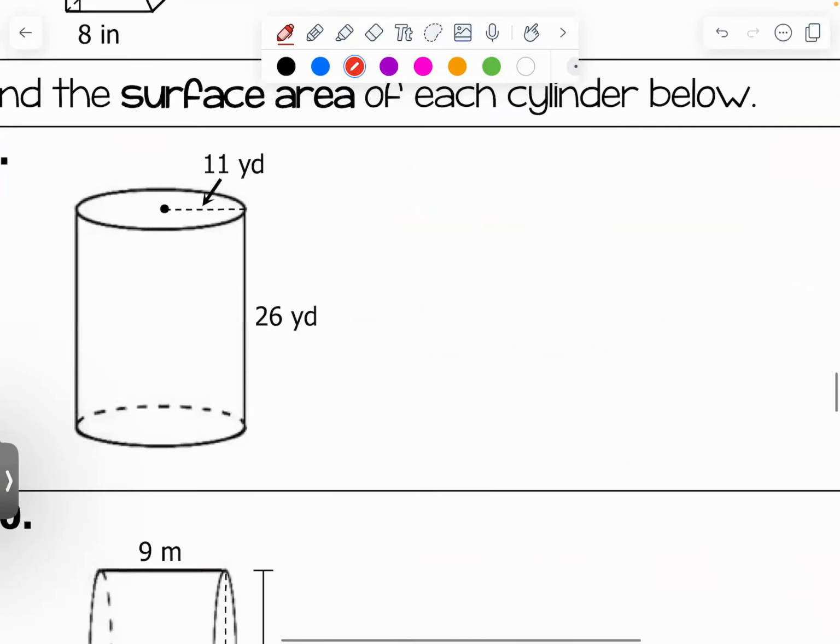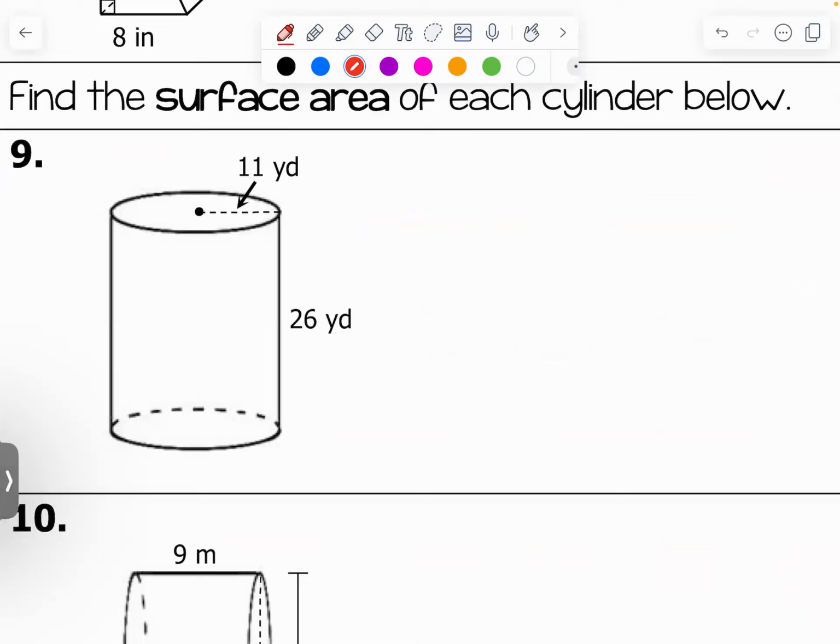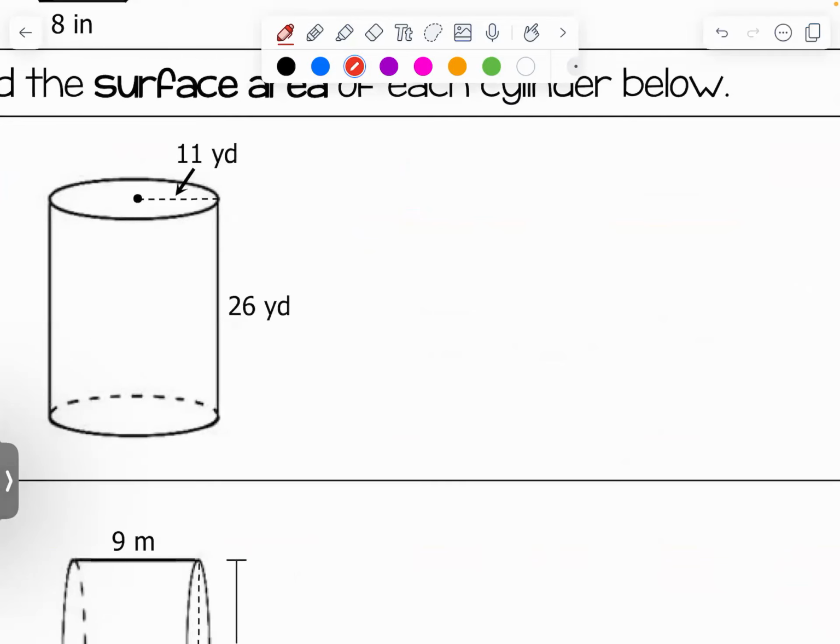Okay, so let's go to number 9. The pi button is just right there above the caret. The caret is just above the squared. All right, so we have 2 circles and we have that rectangle with our lateral area.